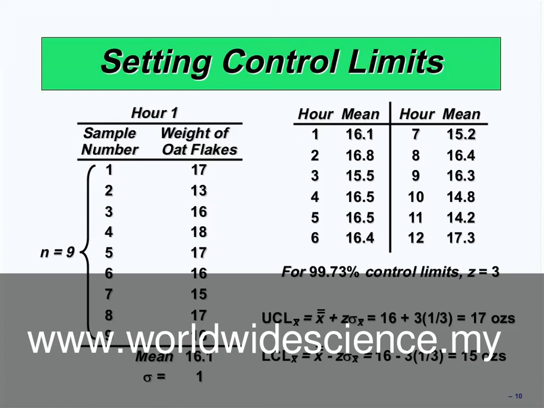Sixteen point five. Please look at the slide on the left. We sum up these 9 numbers and divide by 9. Yes, very good, Mr. Elias. Mr. Elias did it.